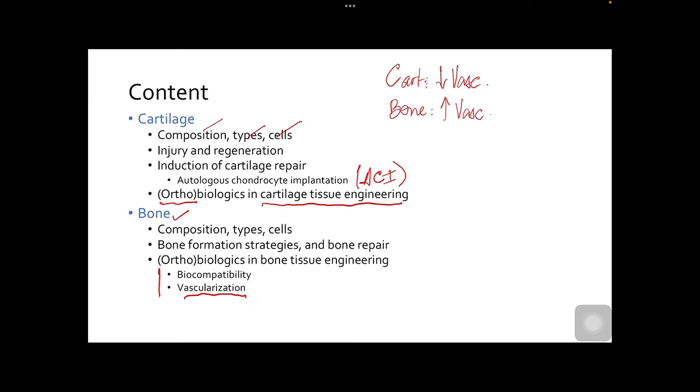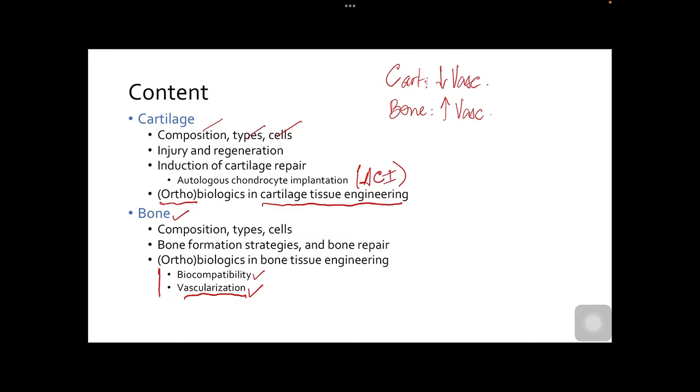And when we regenerate bone, we have to take vascularization into consideration. We're going to talk about biocompatibility properties of bone scaffolds, and how they can be used to generate the best strategies for regenerating bone.